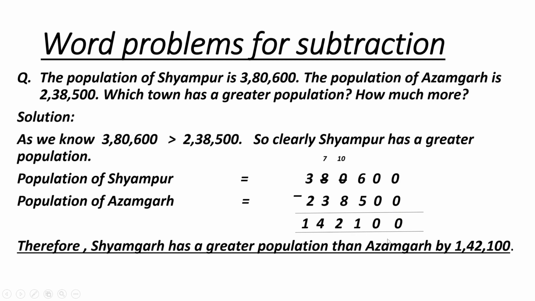Now by subtraction we will get the answer 1,42,100. So we know that Shampur has a greater population than Azamgarh, and the number by which it is greater is 1,42,100. Let's see one more word problem.